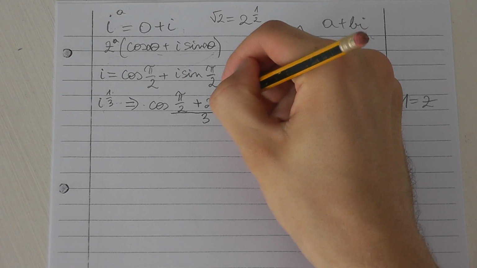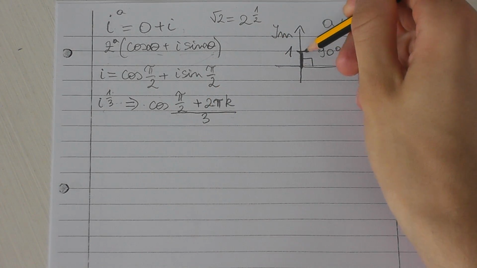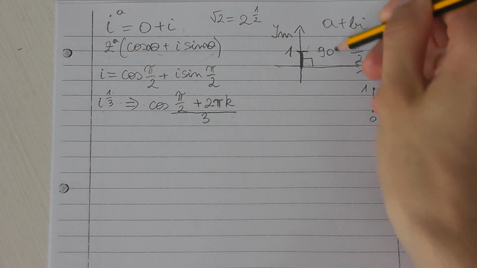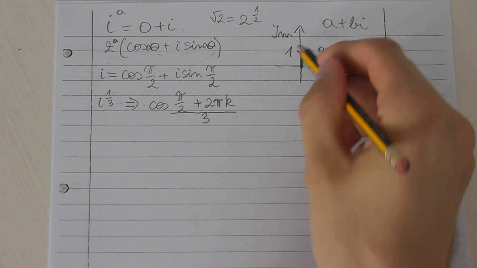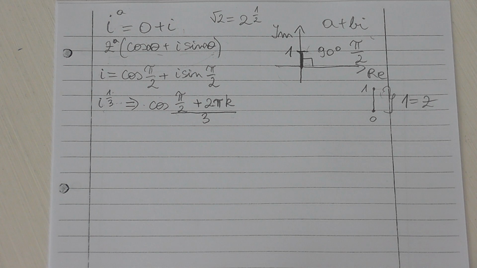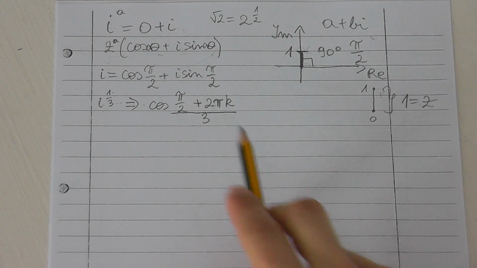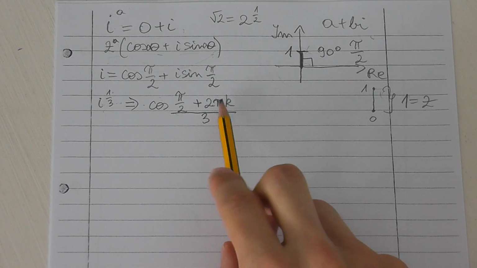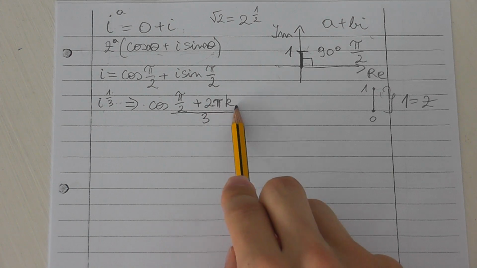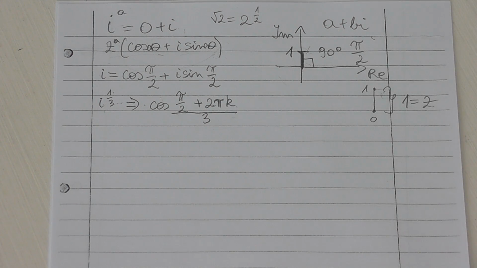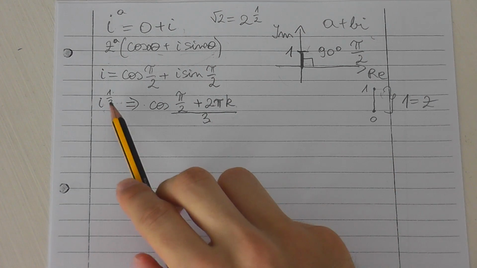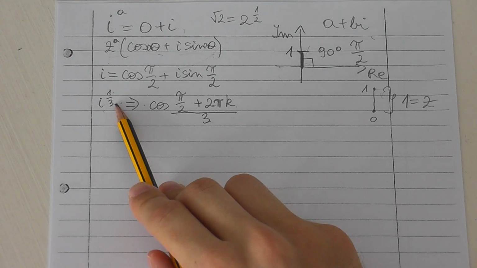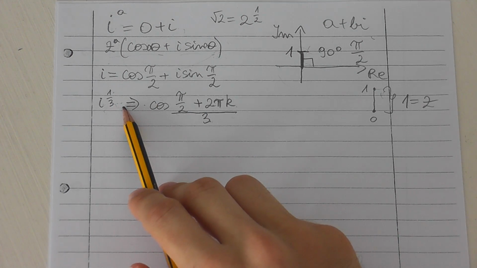This 2 pi simply represents us making a full circle through the plane, so making a full clock, going 1 hour further. That's what the 2 pi stands for. The k is just some constant, and we're going to be substituting some numbers into it. And the 3 comes from the fact that we're looking for 3 roots, and this we know because we need to find the cube roots.